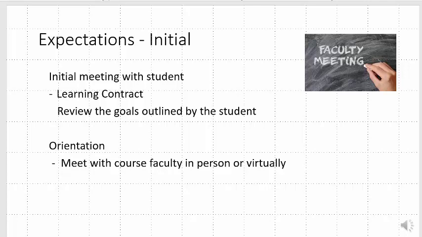Then for the orientation, I will send out an email to you and ask you to have a short phone call with me, and then we go over the goals of the practicum and ask if you have any questions at that time. And that is probably only a 5 to 10 minute phone call.